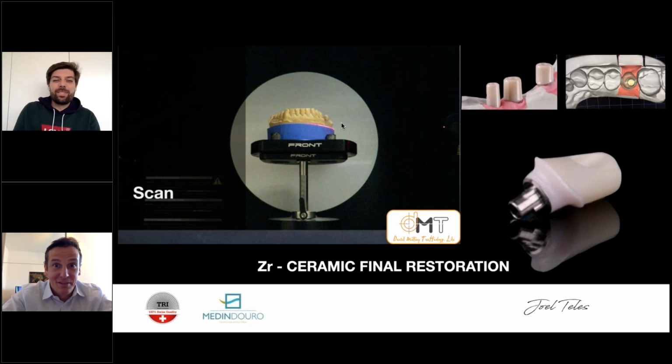Before we go back into the digital world, I have one last question. I think we had it a little bit before, but maybe you can answer a little bit better, because in our case, the TRI implant has a 0.5 millimeter machined part. I think you answered already, but I saw this question many times. And at this moment, there are a lot of questions, and we're going to answer many of them.